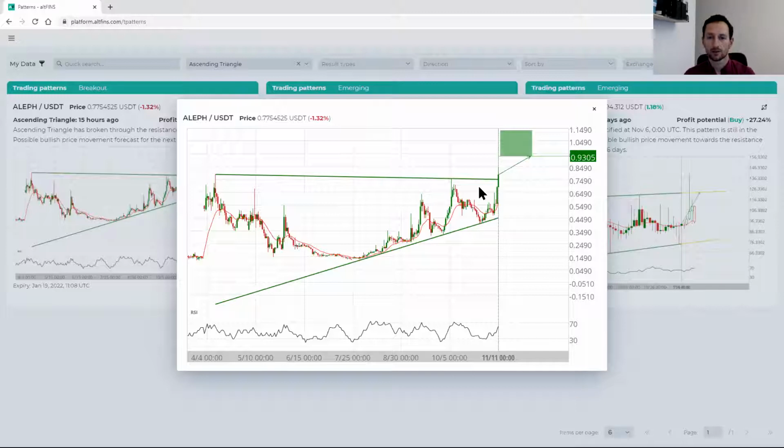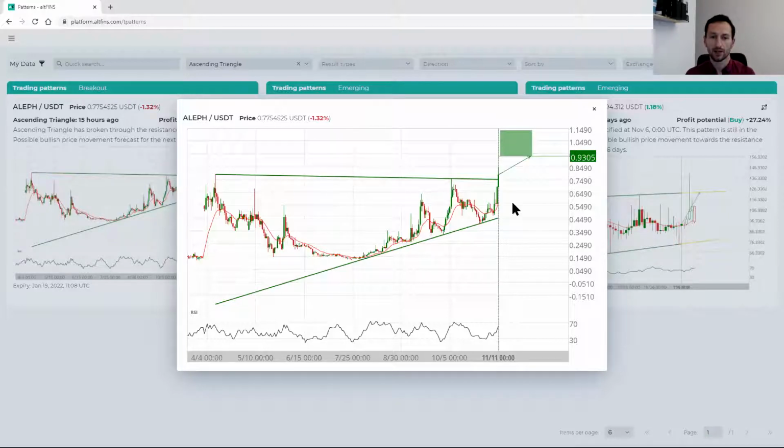The automated pattern recognition system does a lot of the work for you, and therefore, it's still sort of an art and science, but it really reduces the art part of the pattern detection and applies more and more science to it.